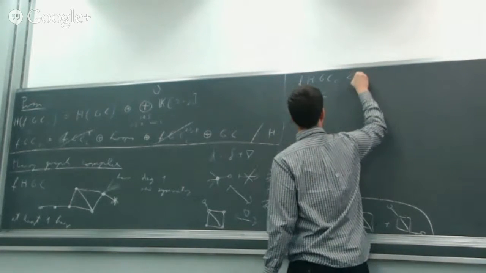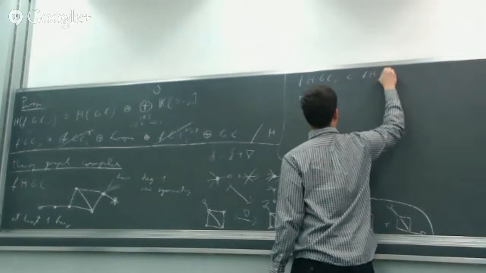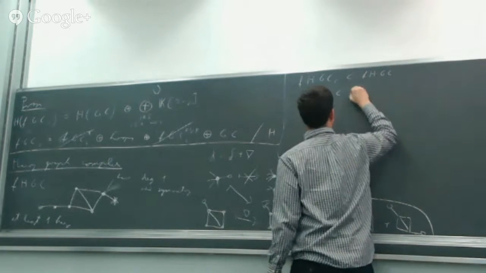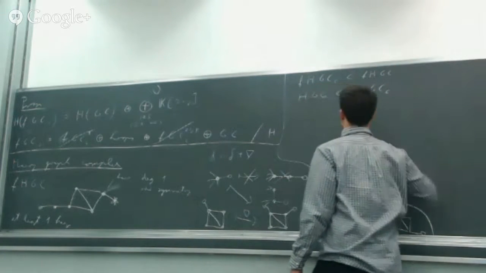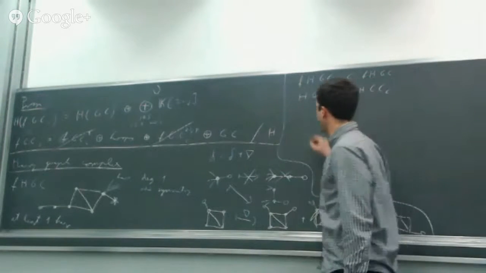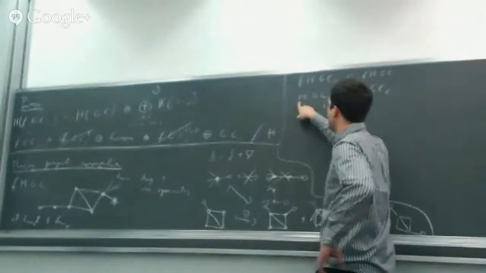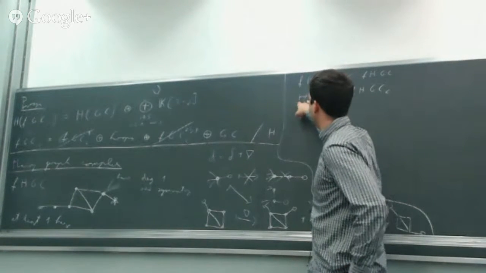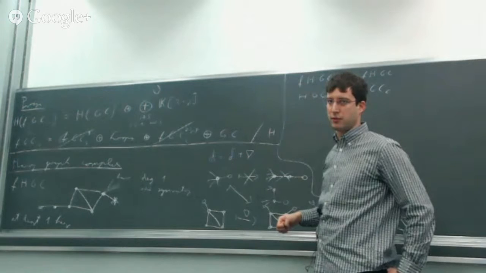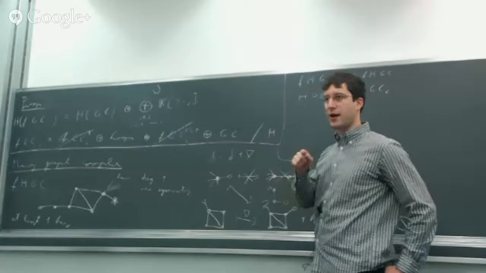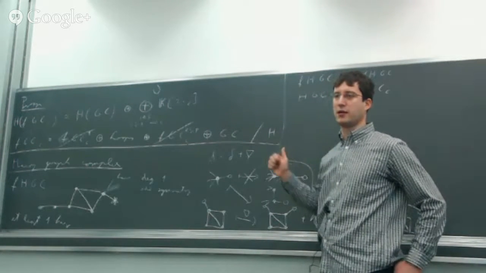This is a subcomplex of the full hairy graph complex. This is a subcomplex of FGC connected. And here I have similar conditions as on graph complexes. Here, every vertex has to be at least trivalent, where a hair counts as one valence.